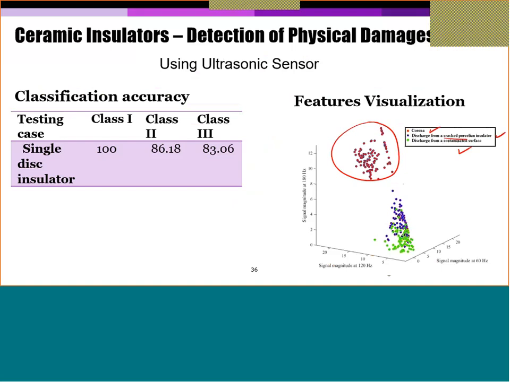The features are somewhat overlapping, and this leads to relatively lower classification accuracy for these two. The corona is 100%. Why? Because there's a huge distance between this cluster and the other two clusters. For the other two, there is some area of overlap, which is why we have a lower classification accuracy.